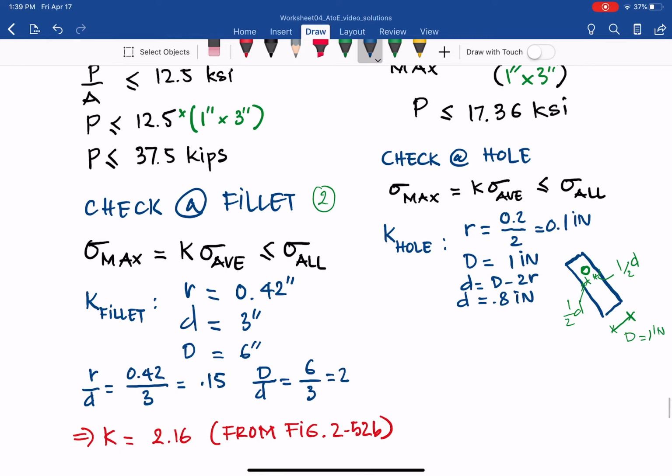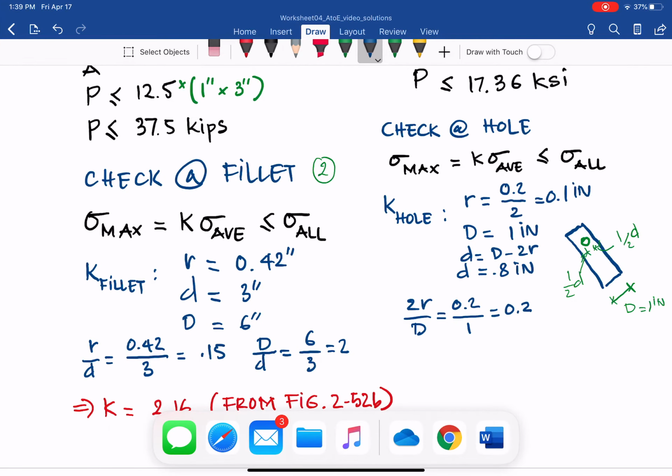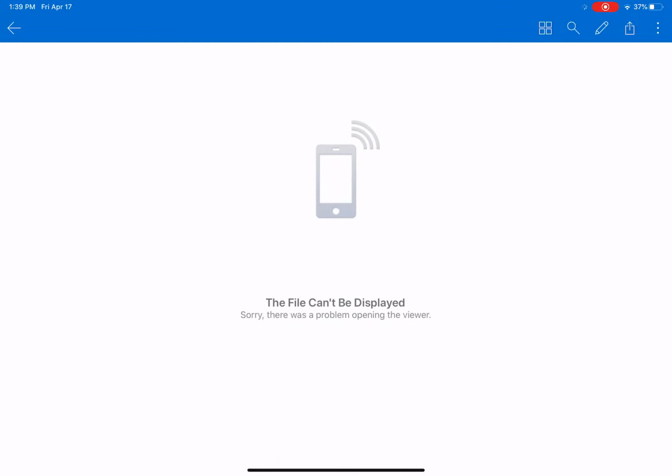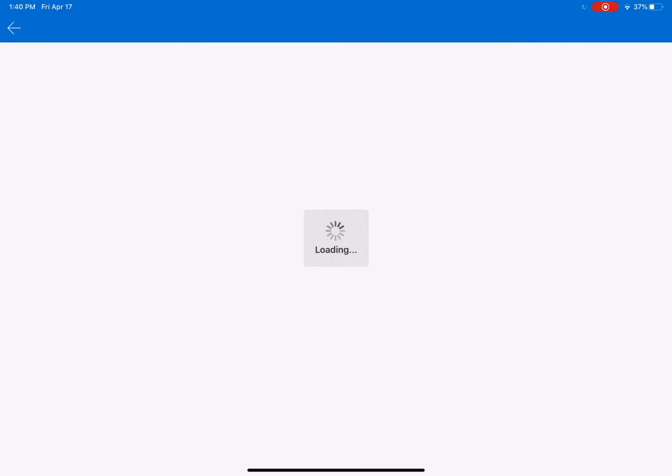So to use that figure, we need to find out what is the ratio of 2R over D, and that is 0.2 divided by 1, so it will be 0.2. So from that we can go back to the figure. It takes some time to load.